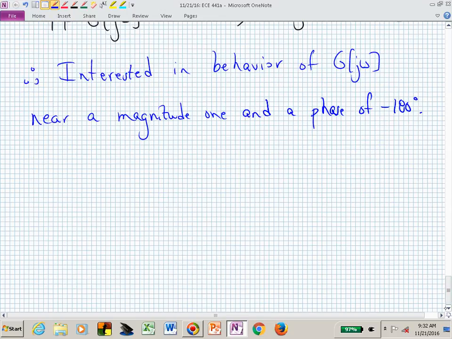And we're really interested in, is it possible that those are at the same 1 and minus 180 at the same frequency? And if they aren't, then we want to know, oh, if I'm at minus 180, how much magnitude change is it going to take before I get to 1? And then I would be in trouble. Or if I'm at 1, how much phase change can I tolerate before that phase gets to minus 180? I'm interested in when these two are simultaneously at 1 and minus 180. And those particular, let me say, distances are called the stability margins.